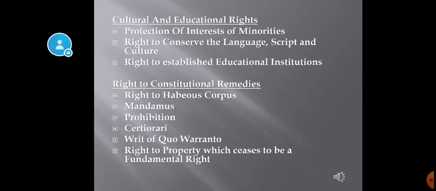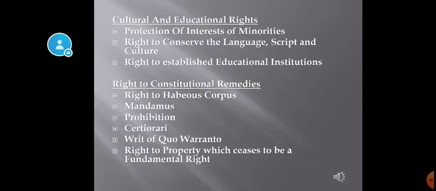Minorities have a right to conserve their distinct language, script or culture. Such minorities shall not be denied admission into educational institutions maintained or aided by the state on grounds only of religion, race or language.